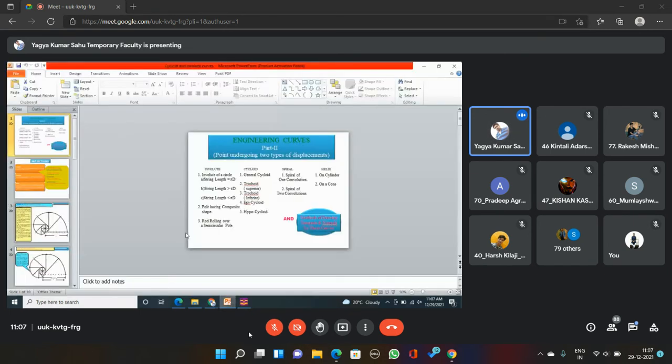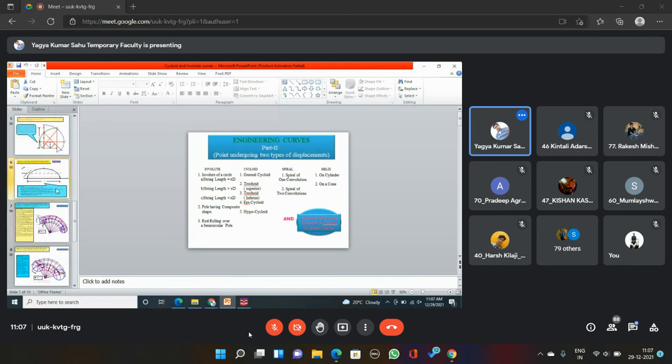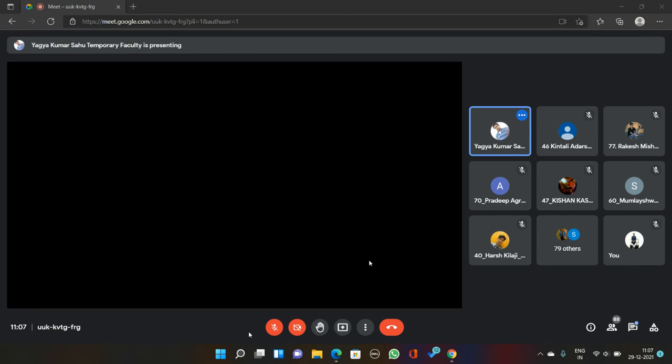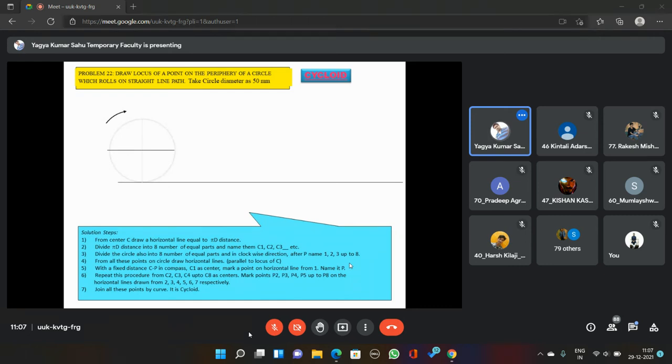Here we have divided this circle into 8 equal parts. So locate these centers properly. This is the initial point P, from which the point starts its movement. Now P1 you are getting on the horizontal line passing through 1, and the distance of P1 is CP from C1.